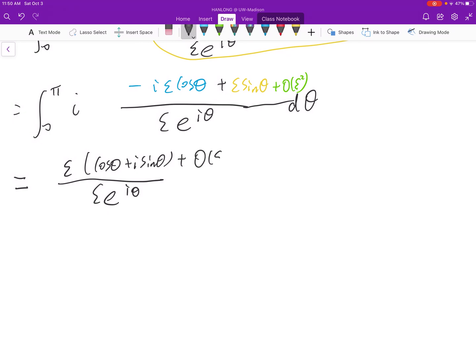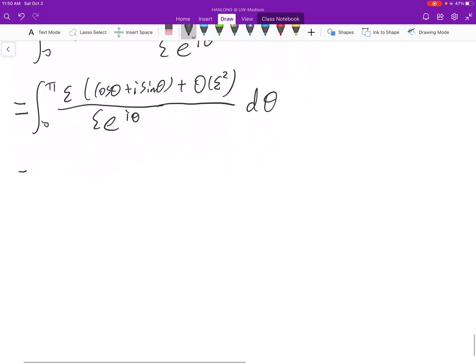Plus capital O epsilon square, the integral, and then you divide by the numerator, this is 1 plus capital O epsilon d theta.